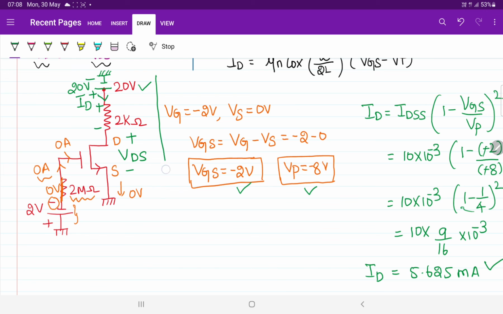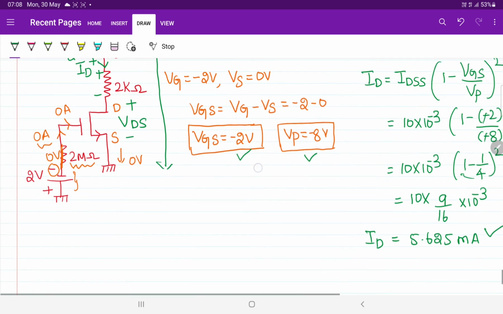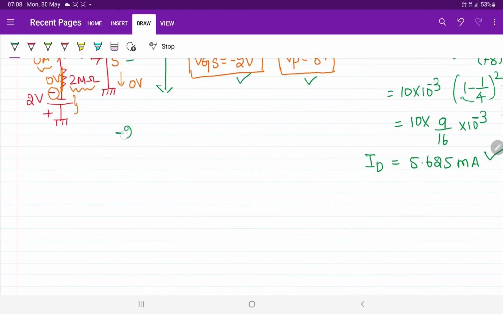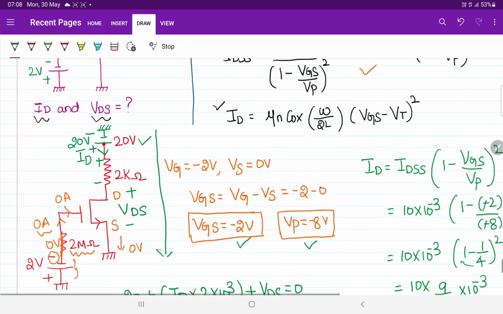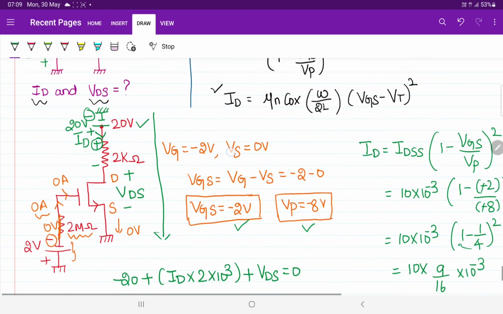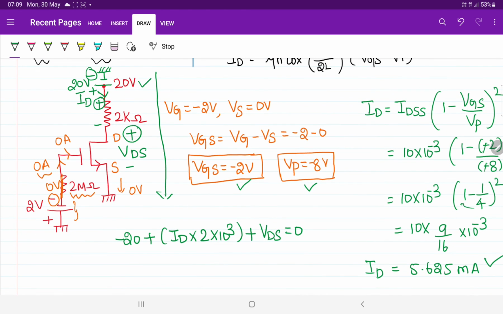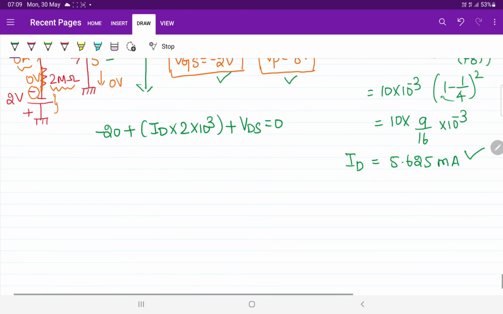Now if you apply KVL for this loop, what will you get? This will become minus 20 voltage plus the voltage drop across the resistor, ID into 2 kilo ohm, right? So 2 into 10 power 3 plus VDS equal to 0, that is the KVL. Yes or no? See there, starting polarity is minus for the source, plus for the resistor, plus for the VDS terminal, equal to 0.